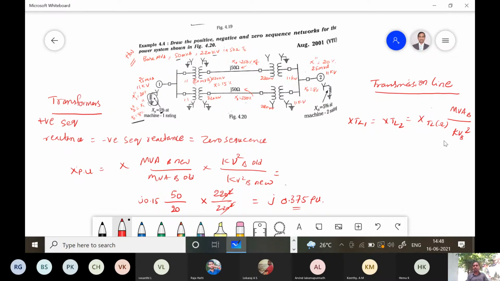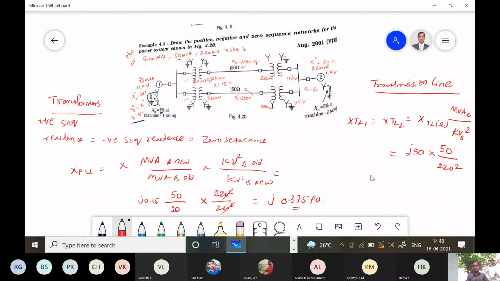XTL is given as 50 ohm, multiplied by J50 by, MVA base again 50, kV is 220 kV, so 220 square.